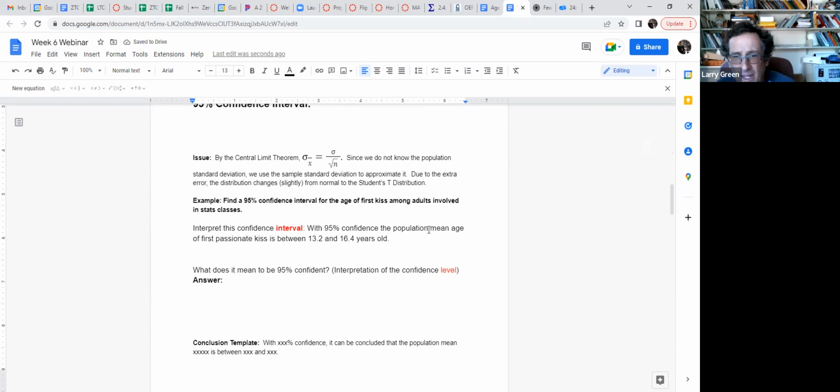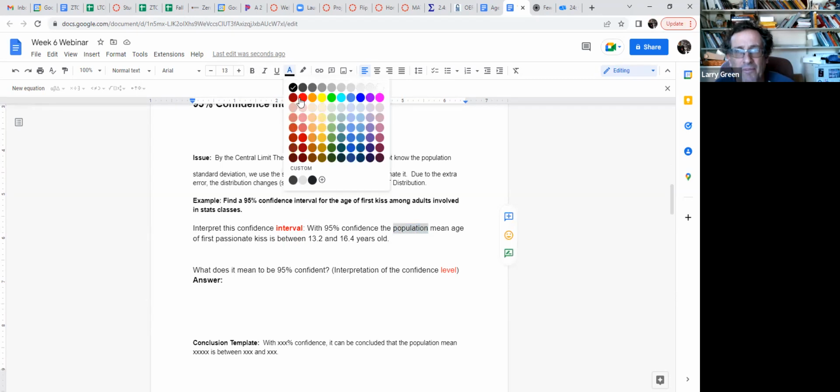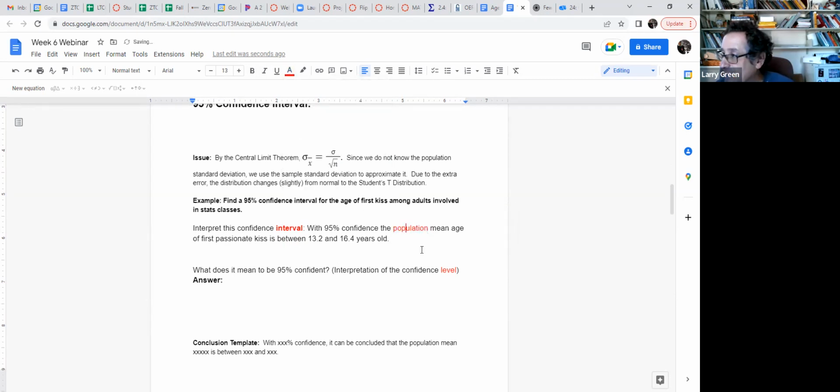Okay, I want to highlight something that's really important. And that's population. We're 100% confident about the sample mean because we asked, we found the mean, and there it was. We know it. But the population mean, we have only a 95% confidence that it's within this interval.